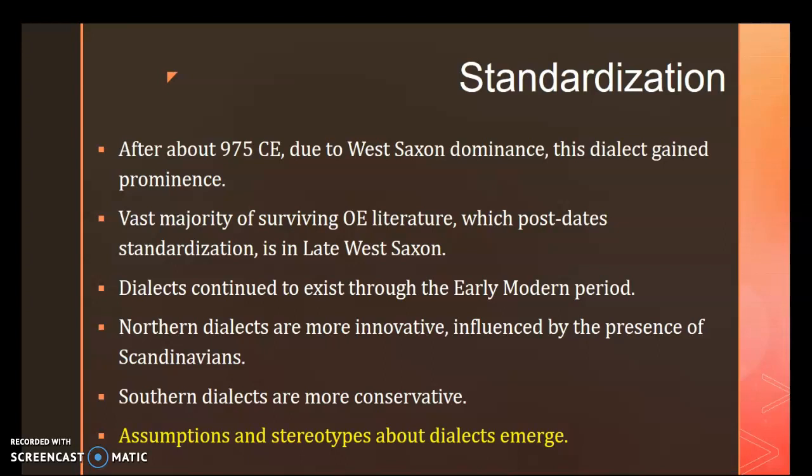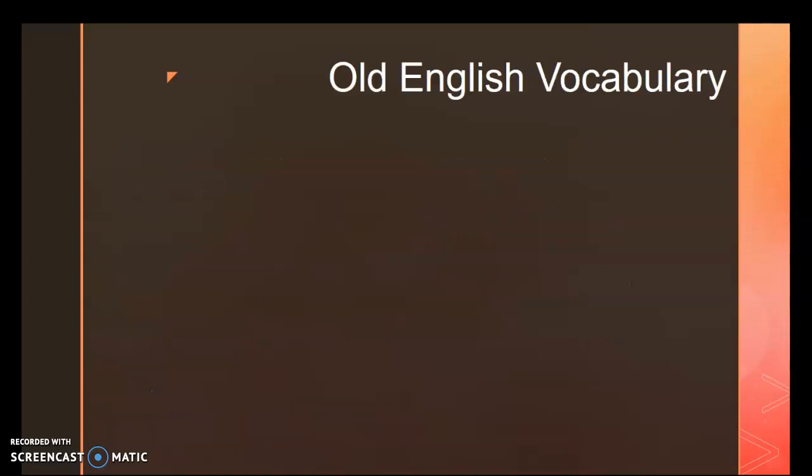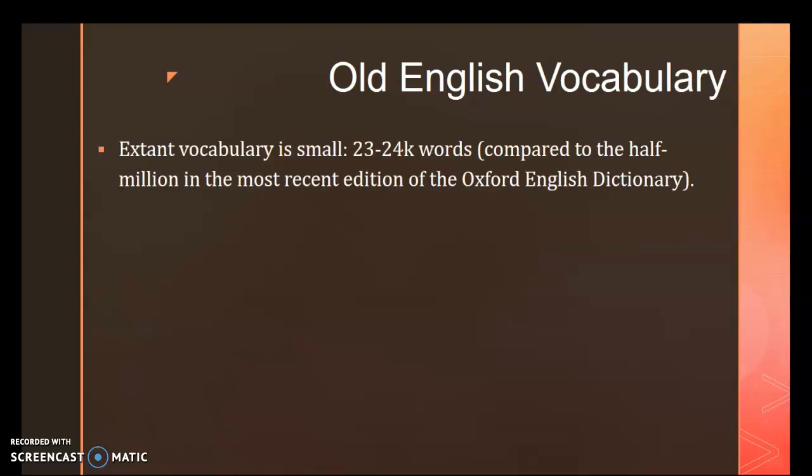Okay, let's look at vocabulary. The records we have of Old English vocabulary are relatively small, 23 to 24,000 words compared to the 500,000 in the most recent edition of the Oxford English Dictionary. Old English initially had few loan words, which is quite different from later versions of the language.